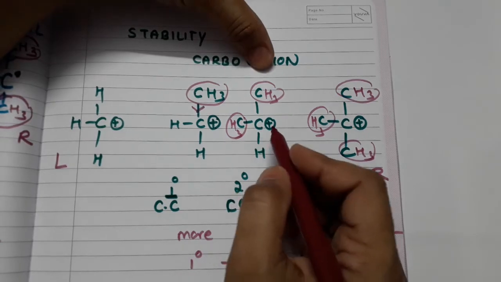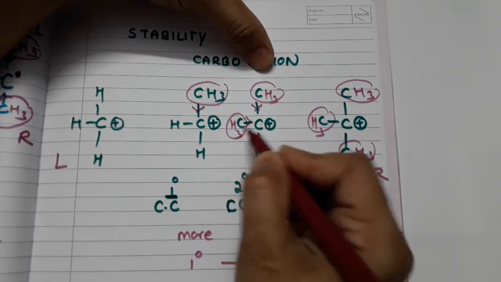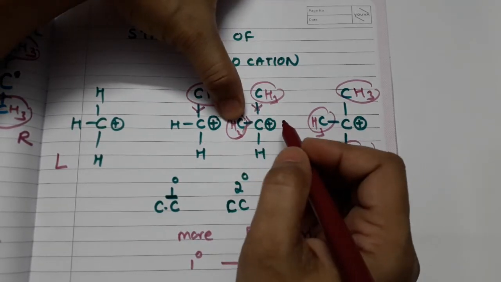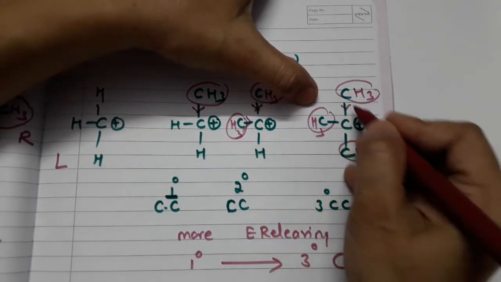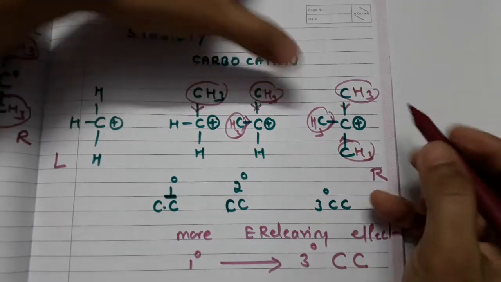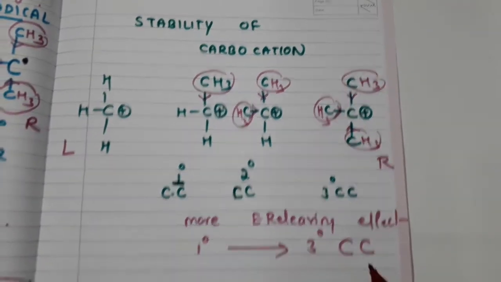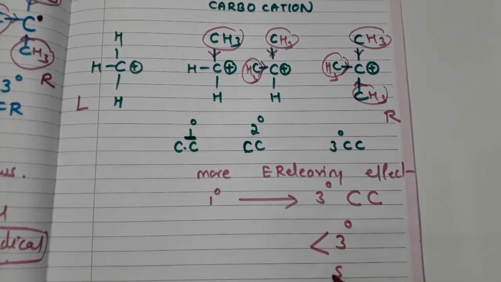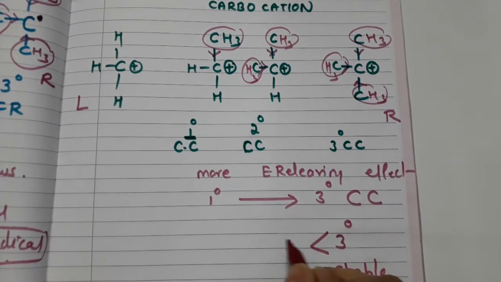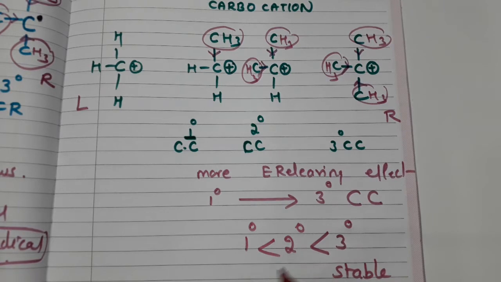In the second structure, carbon is getting support from 2 methyl groups and hence the carbon will try to achieve stability. Here it is getting such electron releasing effect from 3 methyl groups and hence we say that tertiary is most stable, then secondary, then primary.